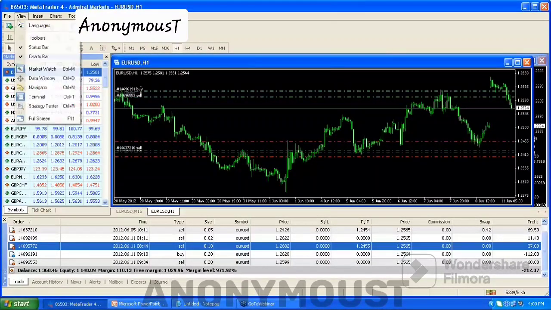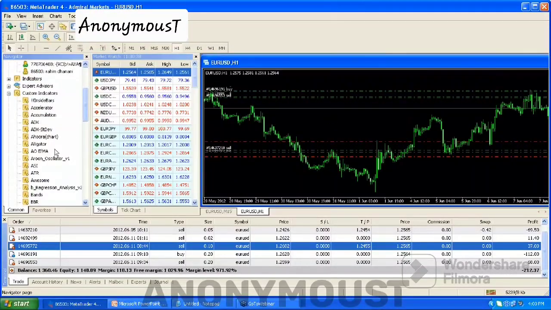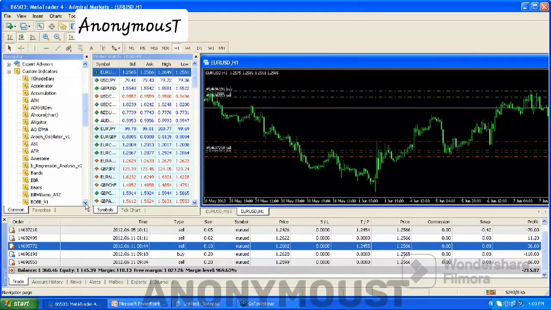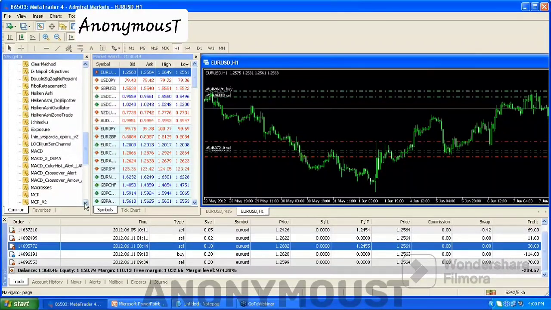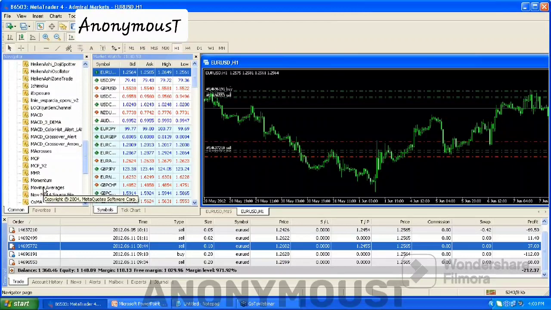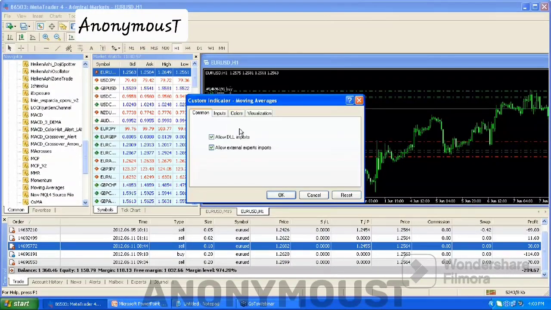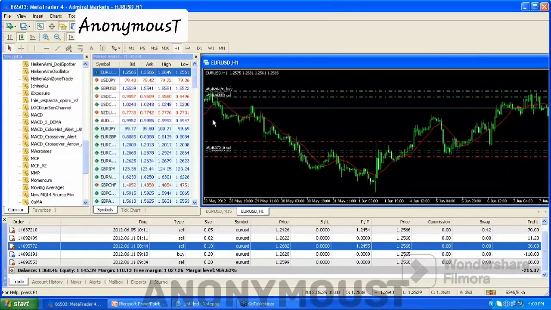Let's go to the Navigator. Now we have various options here. See, if I say moving average, I just pull it here, I say okay, fine, you see a moving average on the chart.